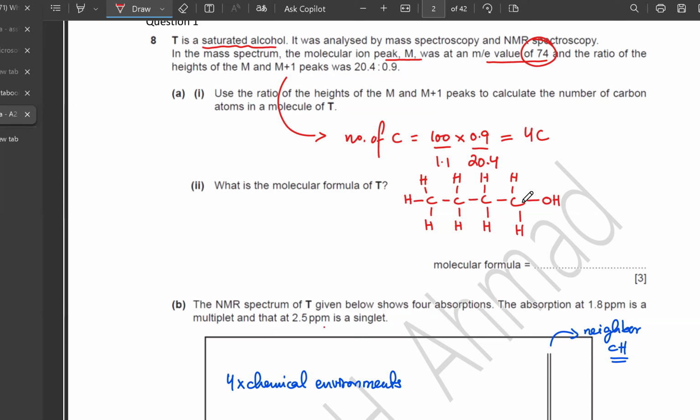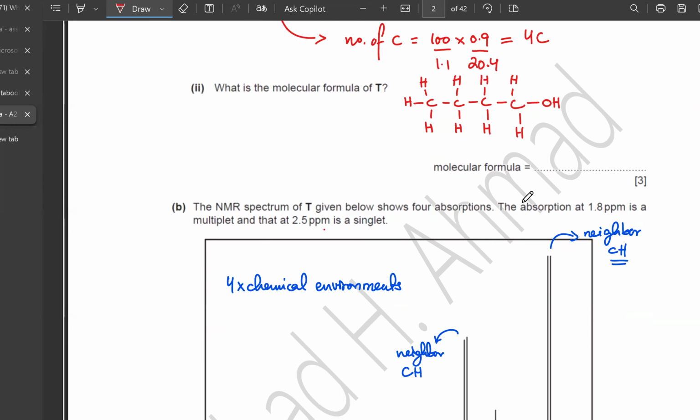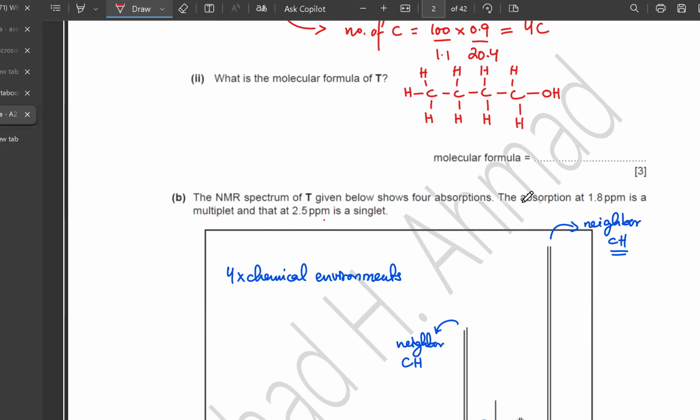But we don't know whether it's this one. This is not the only alcohol that's going to meet the data, because there's going to be a lot of isomers. You could have the OH group on the second carbon atom as well, and the rest are all H atoms.